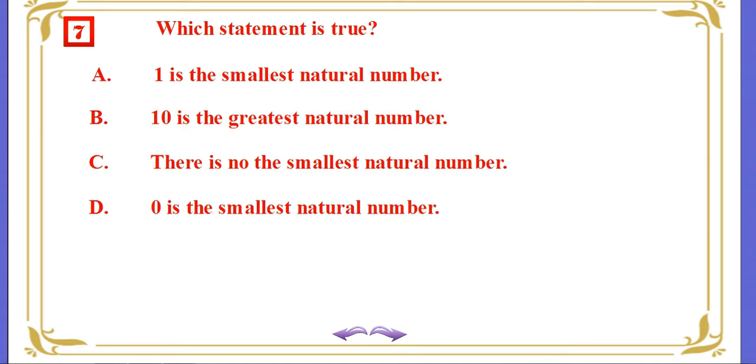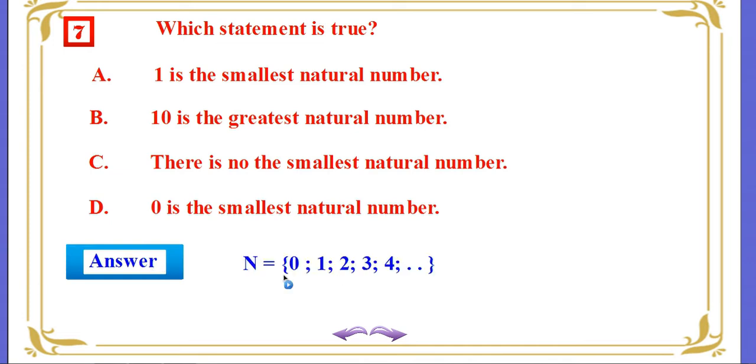We review the set of natural numbers N. It is the set 0, 1, 2, 3 and so on with no ending number. So 1 is the smallest natural number is wrong. 10 is also not the answer because we don't have an ending number. There is no smallest natural number is also wrong. And 0 is the smallest natural number, so the answer is D. The true statement is D.